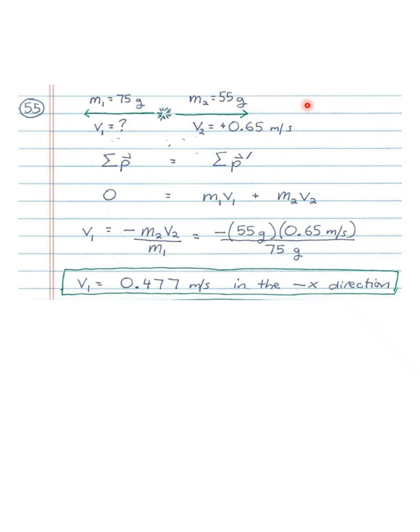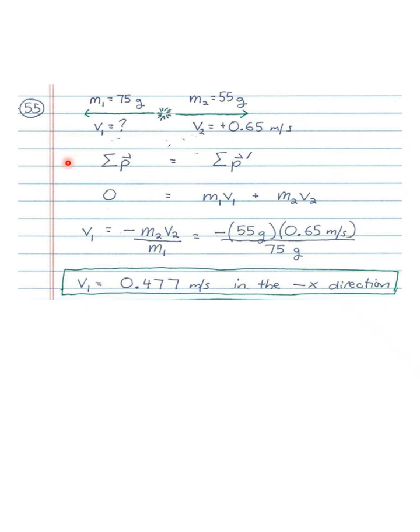The one that's going to clearly move off in the negative x direction is the remaining part of the rock, and its mass is, well, it started as 130 grams. 55 grams went in one direction, so the rest of it, 75 grams, goes in the other direction. And we want to know what its velocity is going to be. We'll say V1 equals question mark.